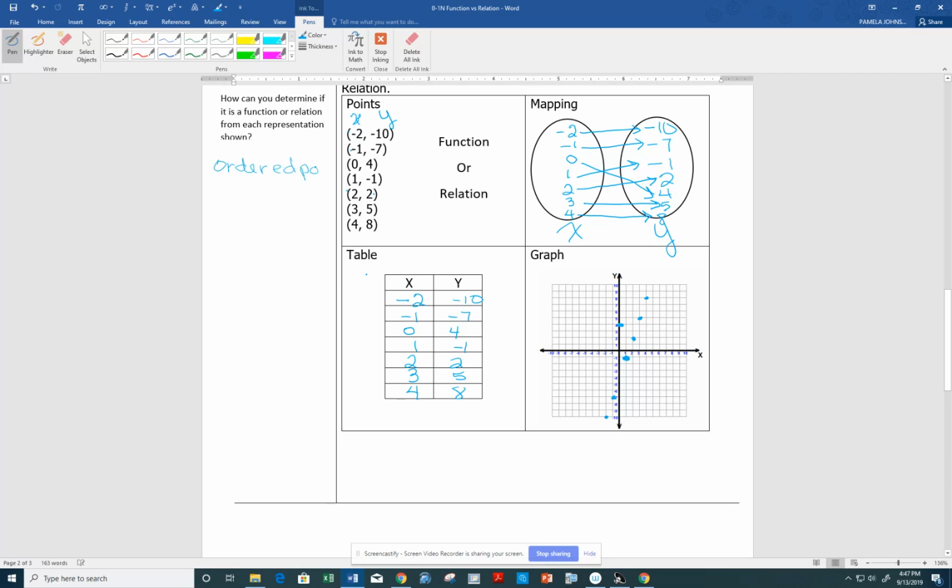Okay, ordered pairs and table. Not a function if x values repeat. Okay, for the mapping, it is not a function if an x value has more than one arrow.